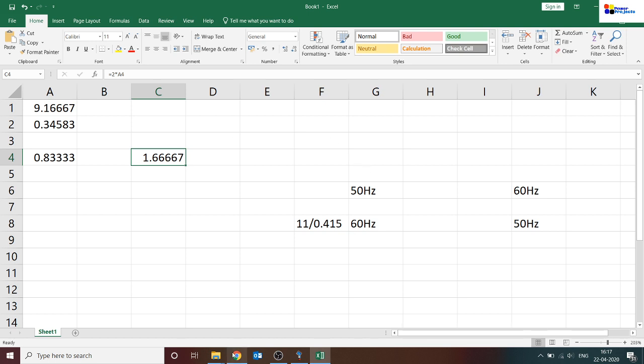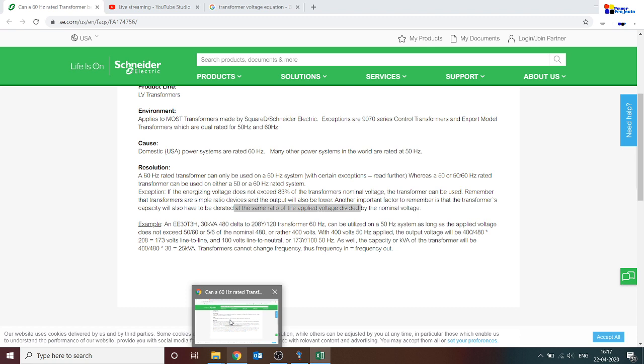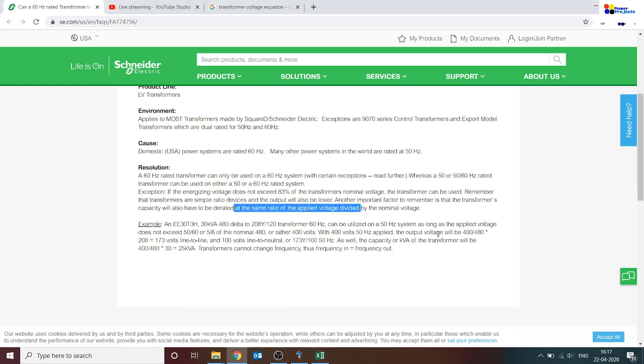So here again, let me go back to the Snyder material. Yeah, they have given two important aspects. One is a 50 hertz or 60 hertz transformer: you might have seen some electronic transformers of 230 volt by 12 volt or 230 volt by 24 volt that might be dual frequency, because at that smaller capacity, huge in numbers, there is no advantage of going for two transformers, one rated at 50 hertz and one at 60 hertz, so those are dual frequency rated transformers.